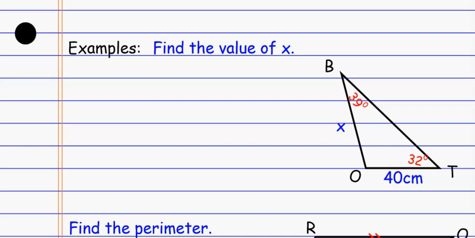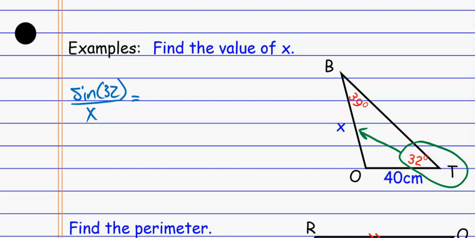For example, if I take a look at this angle right here, angle T, which is 32 degrees, the sine of that angle over the opposite side, which is x. If I set that up as a ratio, it's the sine of 32 over x. That's going to equal the sine of any other angle over its opposite side.